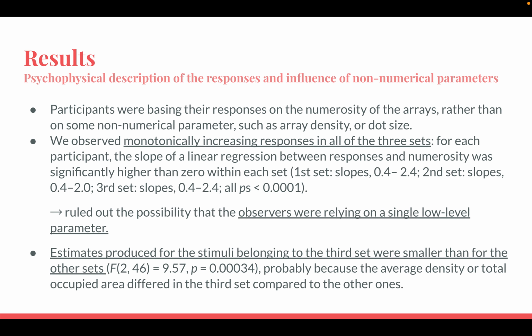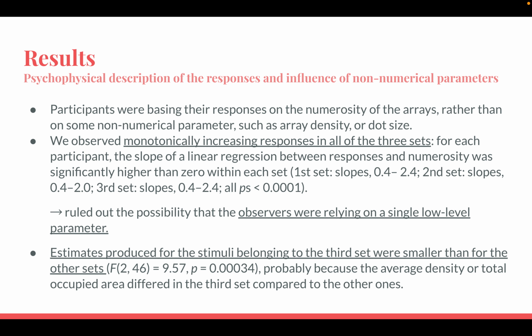Finally, we verified that participants were basing their responses on the numerosity of the arrays, rather than on some non-numerical parameter, such as array density or dot size. The stimuli belong to 3 intermediate sets with different types of controls. Thus, if a participant was basing his responses on a single non-numerical parameter, his response would be flat in at least one of the 3 stimulus sets.